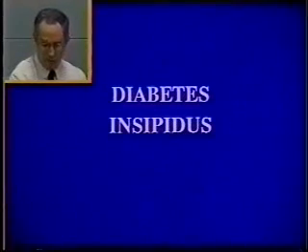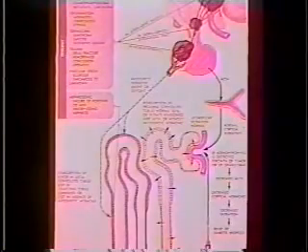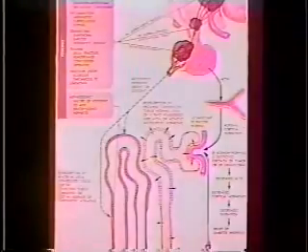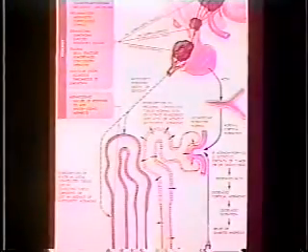Diabetes insipidus. And here we're talking about a deficiency state of antidiuretic hormone, otherwise known as vasopressin. We abbreviate antidiuretic hormone as ADH. These patients urinate and drink a lot, and they make no secret of doing that at all, believe me.